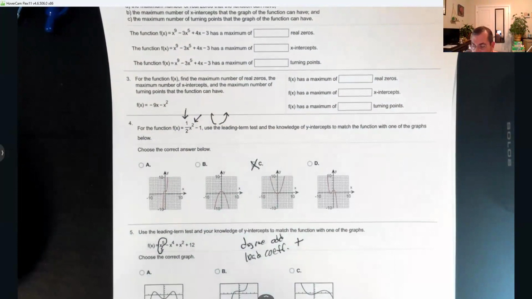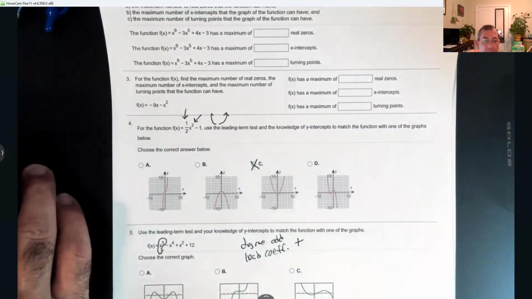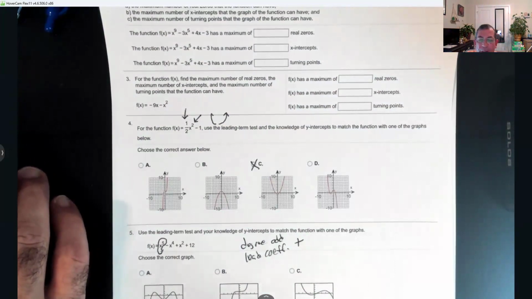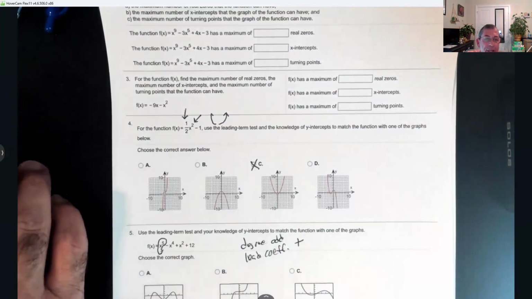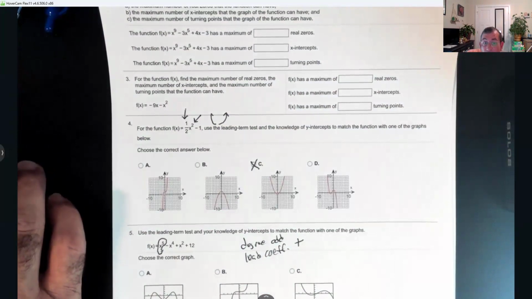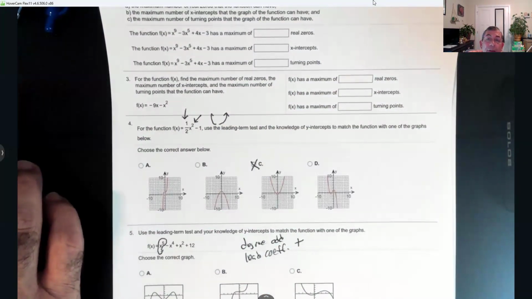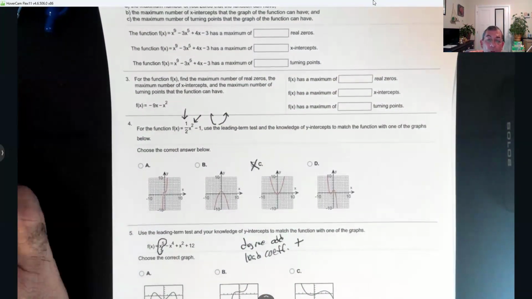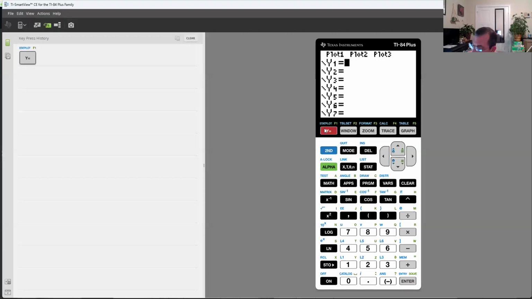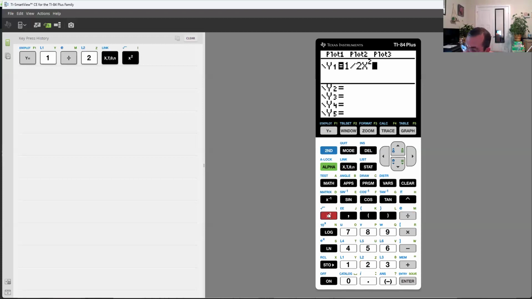Now notice, we can graph this, and it's using a -10 to 10 scale on it. So let's just go graph it and look. So we could go to our calculator and go to y equals, and I'm going to put in 1 divided by 2, x squared, what was it, minus 1.